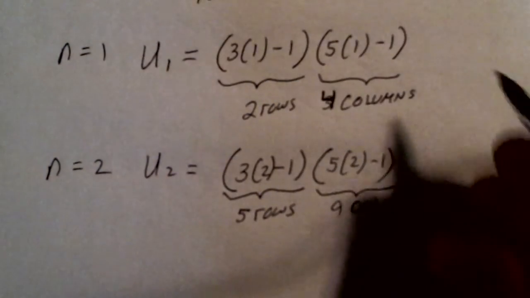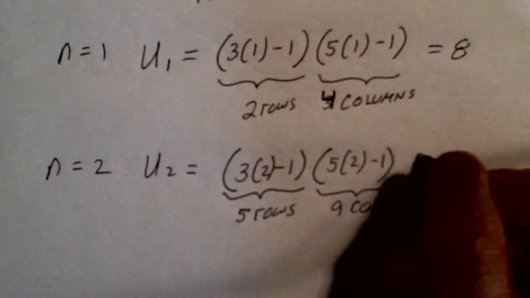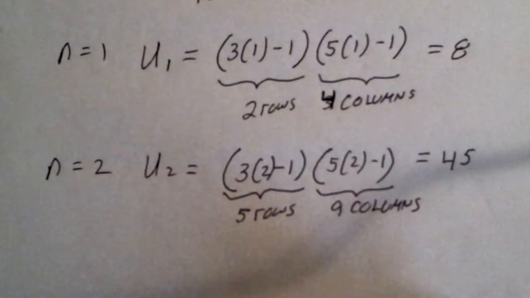This gives us a total number of cubes of 8 cubes for the first arrangement, and 45 cubes for the second.